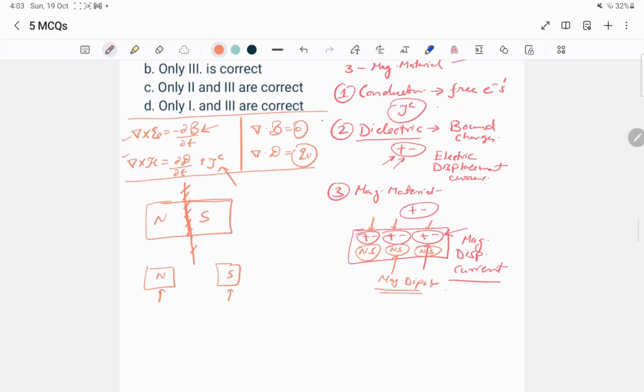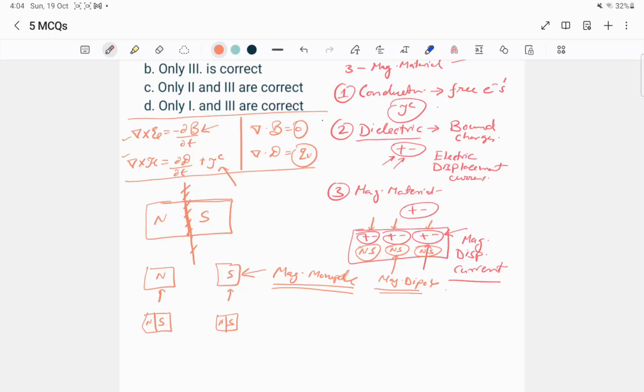This is never possible, because the moment you break it, again a small dipole will be formed, with a small north and south. So a magnetic monopole is never possible.